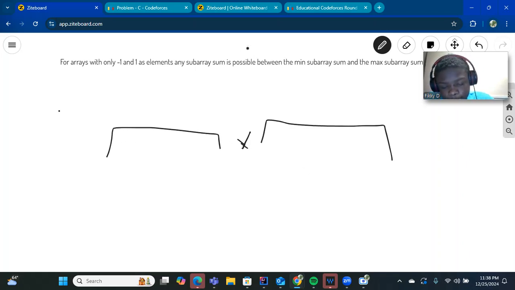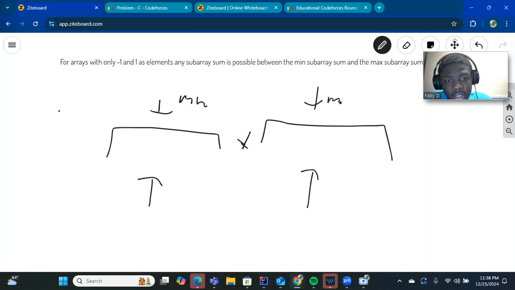You can find the minimum subarray sum here and the maximum subarray sum here, the minimum subarray sum here and the maximum subarray sum here. These are the min guys and these are the max guys. Then you can iterate through these and add them to a set, and that's how you can generate some subarray sums that are possible already. But these are subarrays that don't include x.